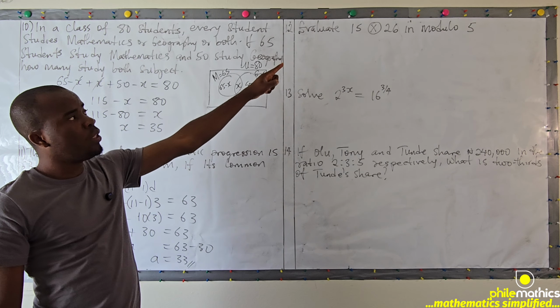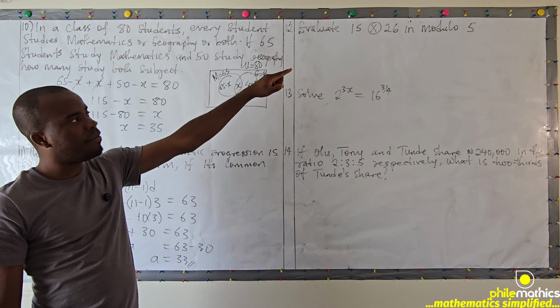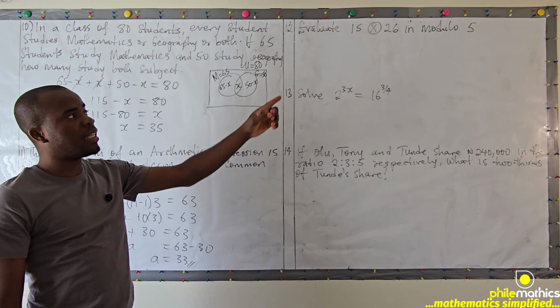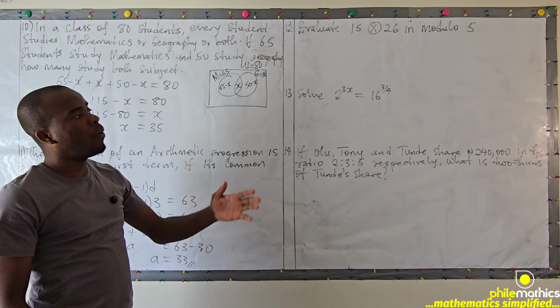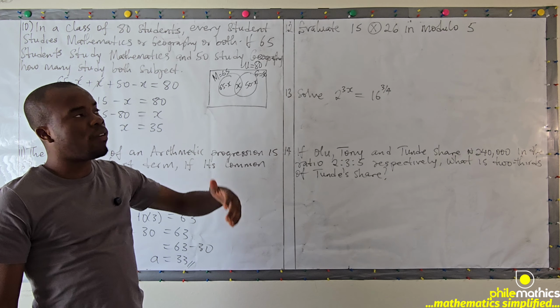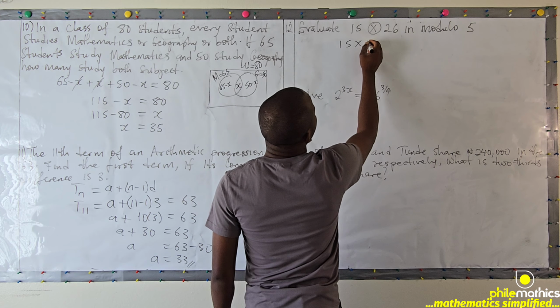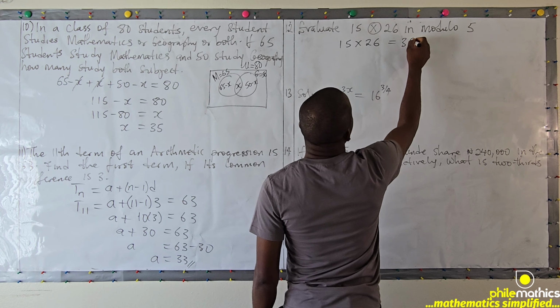So what we simply do here is to multiply these two normally and then divide by 5 and check the remainder. We're more interested in the remainder. It is the remainder that tells us how it is related to modulo 5. So 15 times 26 is 390.